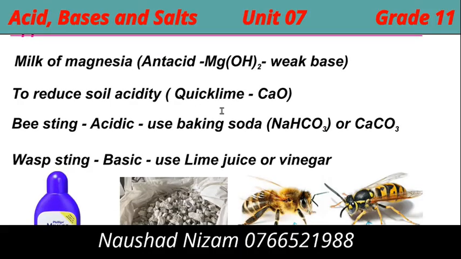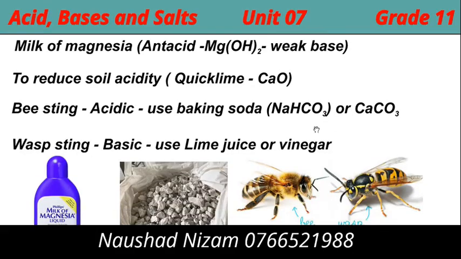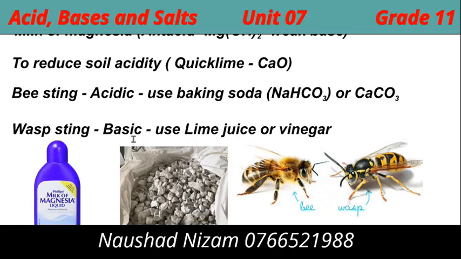In a bee sting, you know that it is acidic, so you can use a base to neutralize it, either baking soda or limestone. A wasp sting is actually basic, so you can use an acid to neutralize it, for example lime juice or vinegar.